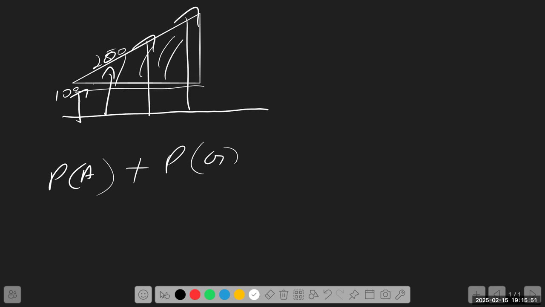The 100 is the annuity and 100 is the gradient. So these two cash flows we need to add to find out the present value of this one. Understood?